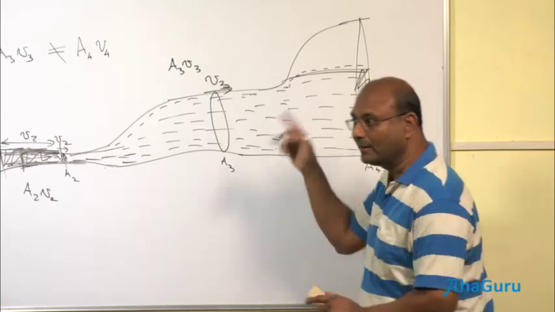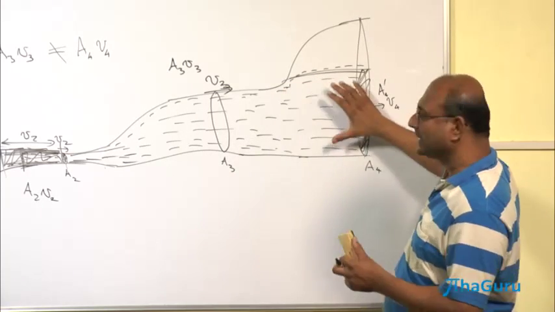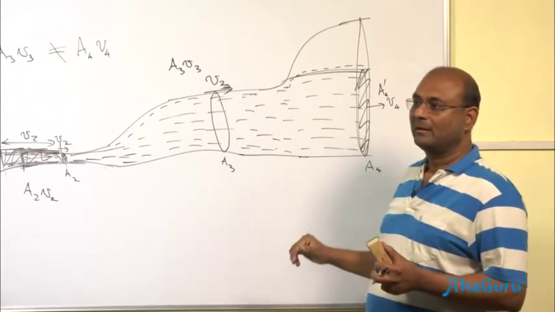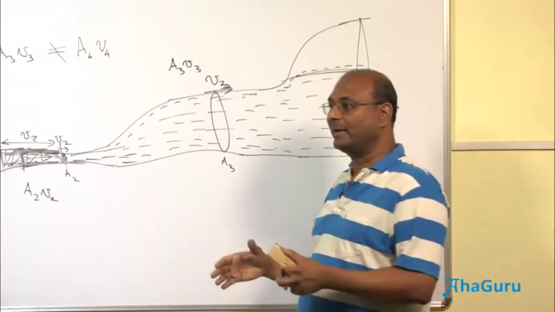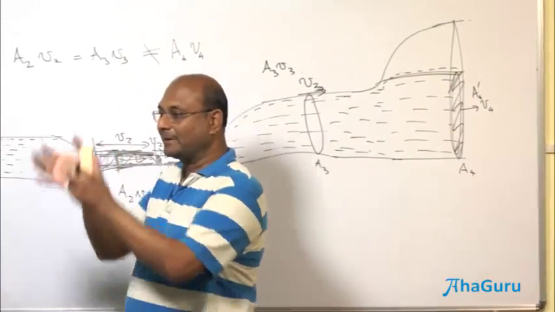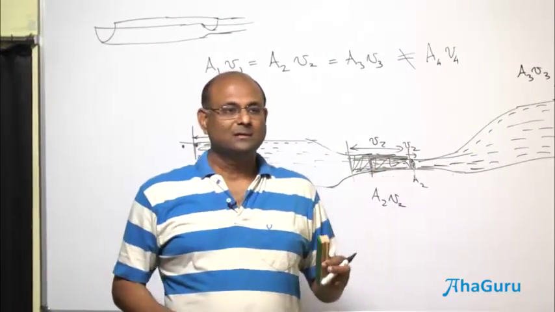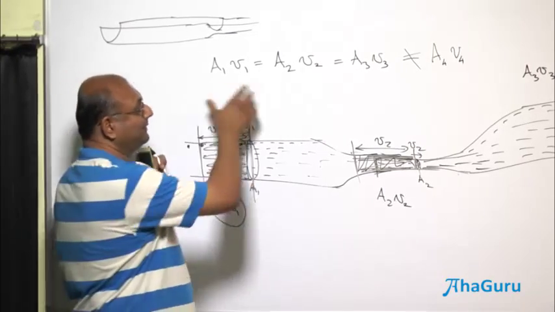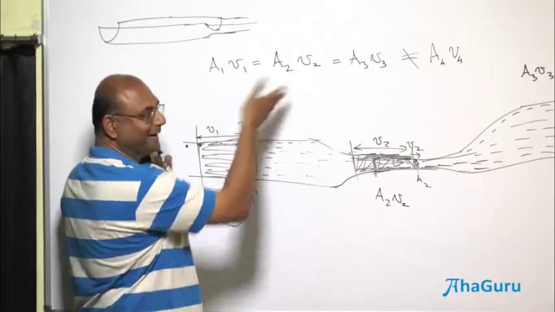It will be equal because all you really wanted was that the volume that is getting out must be equal to the volume that is getting in, and nothing should start accumulating. So if I know for sure that liquid is not accumulating at a particular cross section, whatever comes in is getting out, then this statement is true. But in places where I am not sure whether it's accumulating or not, but there is no place to accumulate, then you can anyway write this.